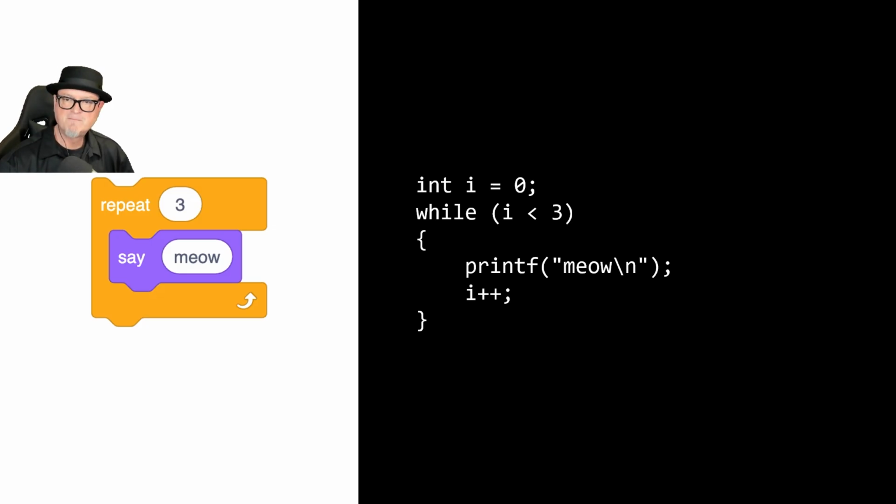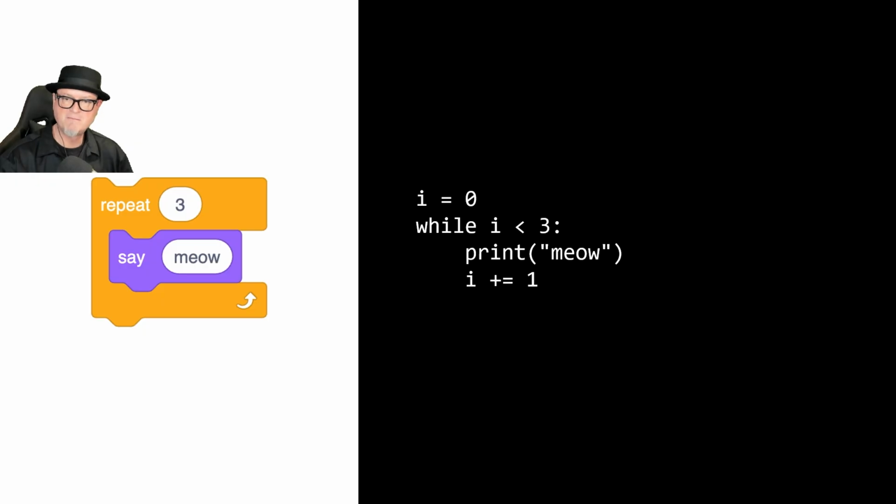Well, in C, we would declare the counter integer with a variable name like I and set it with an initialized value to 0, and then use a while loop. So here, while I is less than 3, so we're going to go through 0, 1, and 2, we're going to printf meow \n. It'll print meow 3 different times, and after each go, I++ to increment the counter variable.